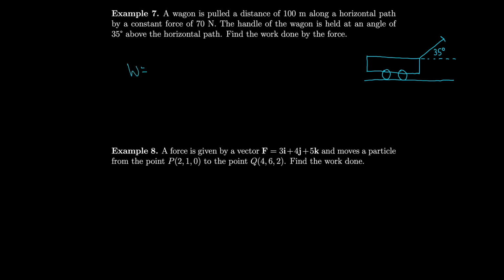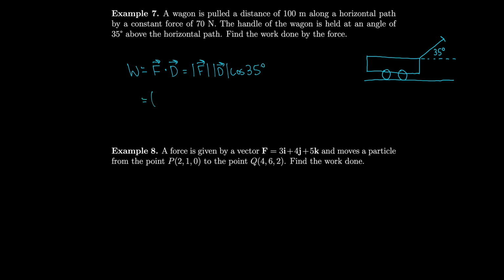So by our theorem, that's force dotted with distance. So that's the length of the force vector times the magnitude of the distance vector times the cosine of 35 degrees.